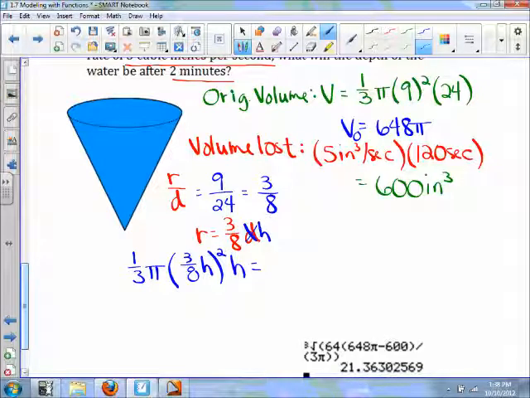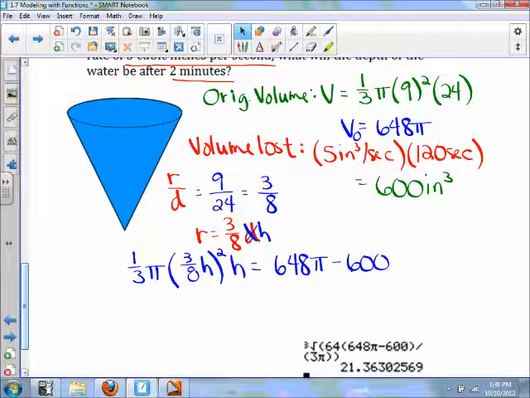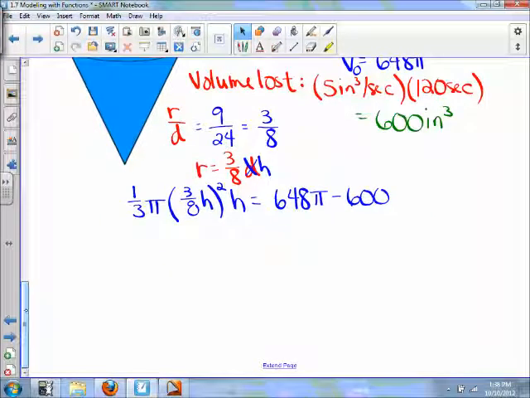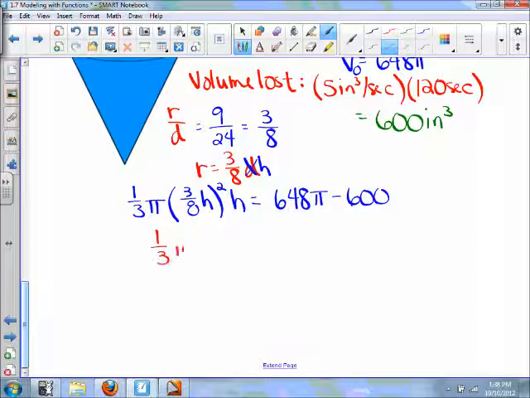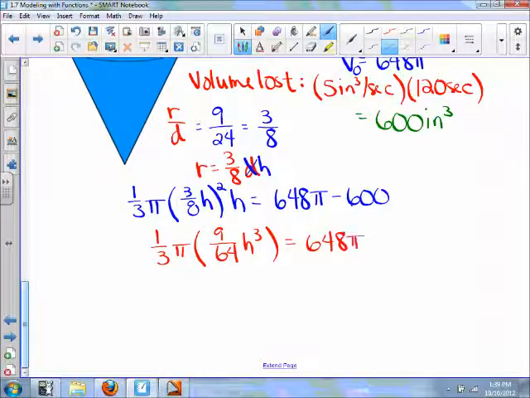H will actually equal 648 pi minus 600 pi. So simplifying this further, we'll have 1/3 pi times 9 over 64 H cubed will equal 648 pi minus 600.